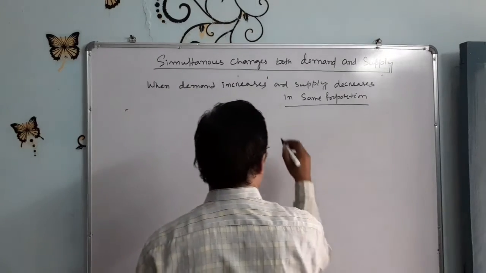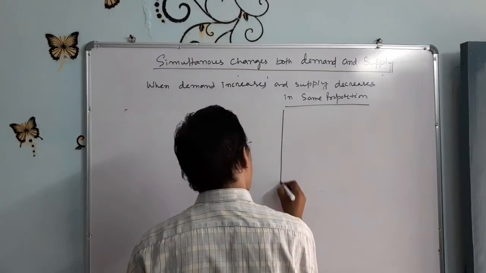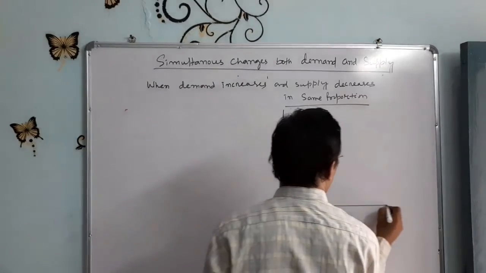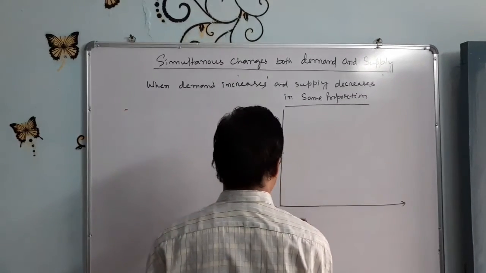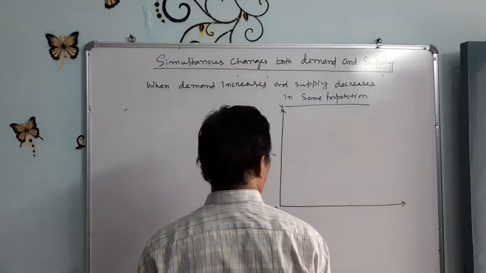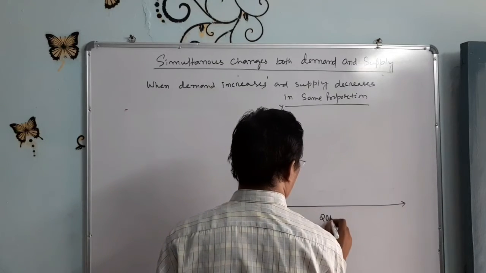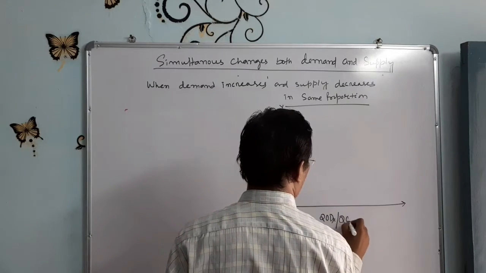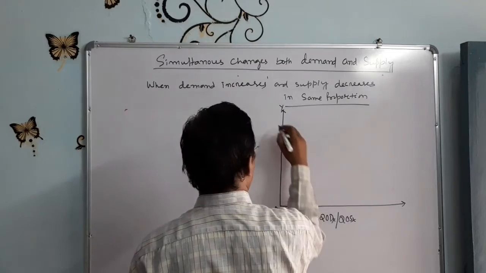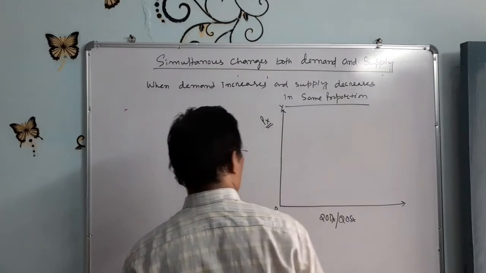Now I'll draw the diagram. X-axis and Y-axis. The X-axis is the quantity of demand of X goods and quantity of supply of X goods. The Y-axis is the price of X goods.